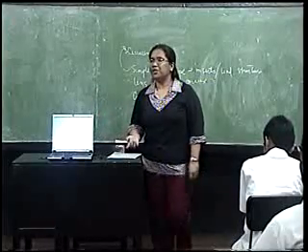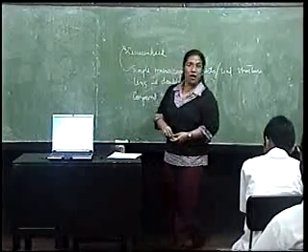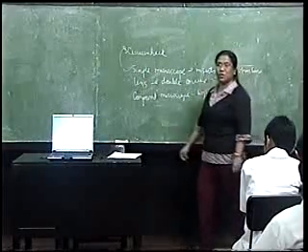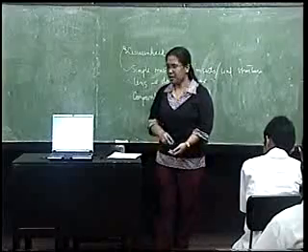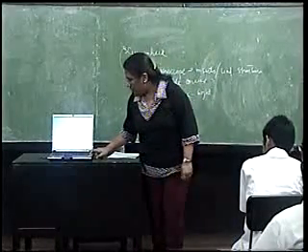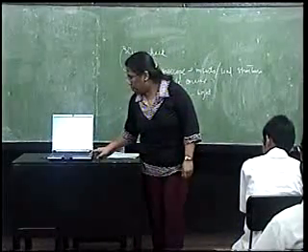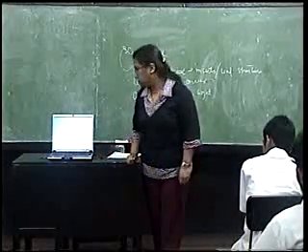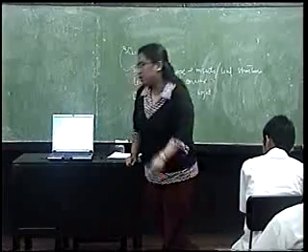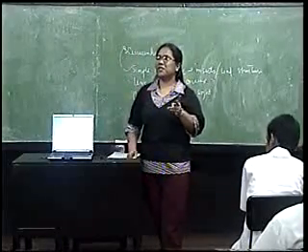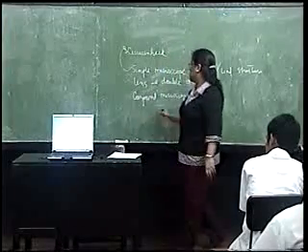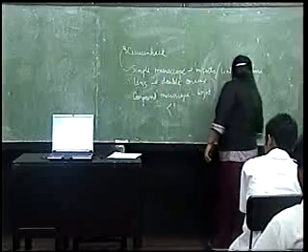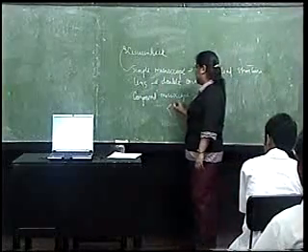This microscope utilizes light for viewing the specimen that you need to observe. This compound microscope consists of two lenses. We have the ocular lens and we have the objective lens.